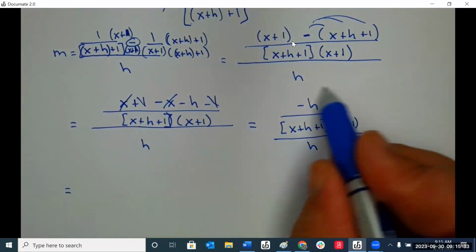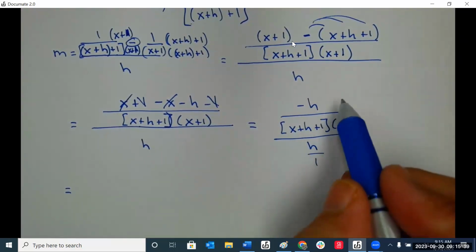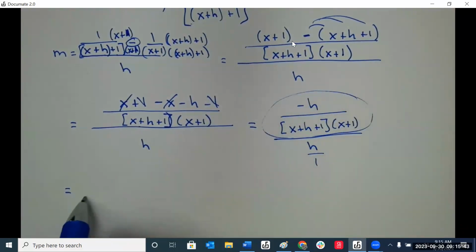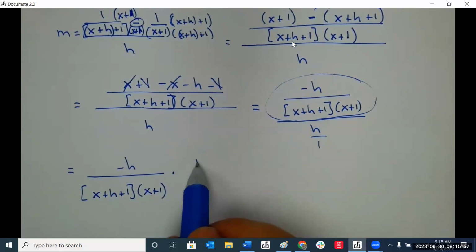So we have a fraction over a fraction. Take the top fraction and leave it alone, multiplied by the flip of the bottom.